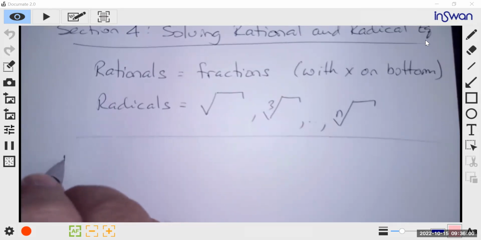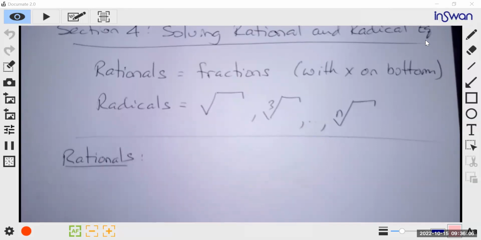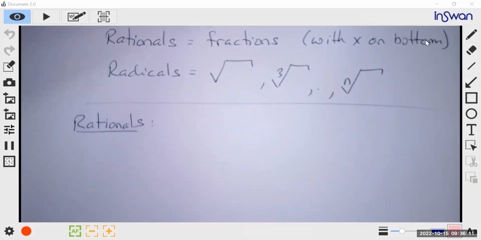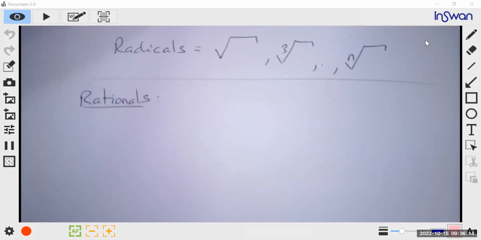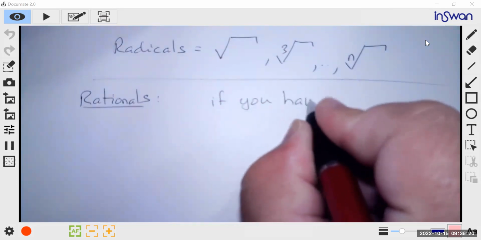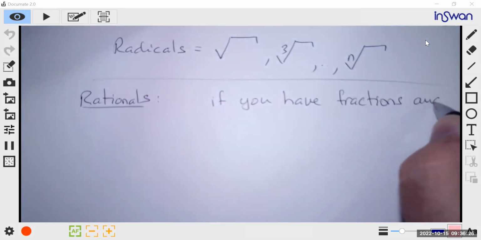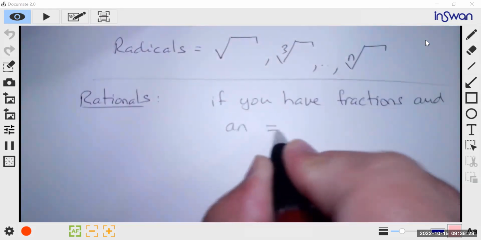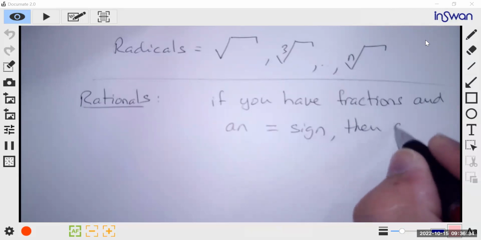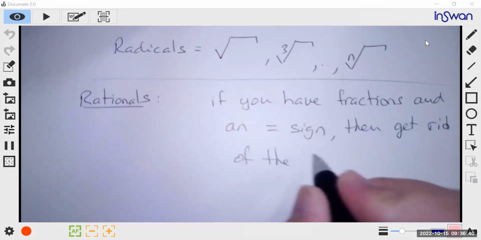We're going to start off looking at rationals. Since day one of the semester, I've always stressed this rule. If you have fractions and an equal sign, then get rid of the fractions.